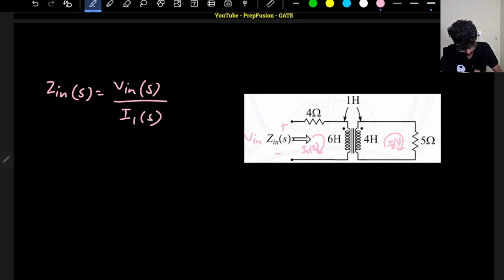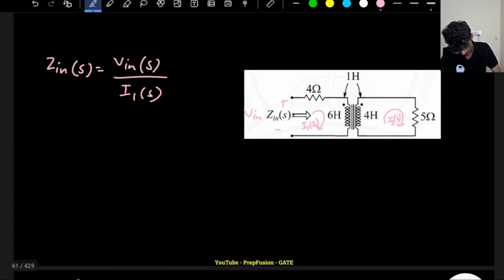Now let's apply the mesh law. If I apply KVL in this first loop, it will be minus V in of S plus 4 I1 of S plus, remember, this is the drop across the inductor.